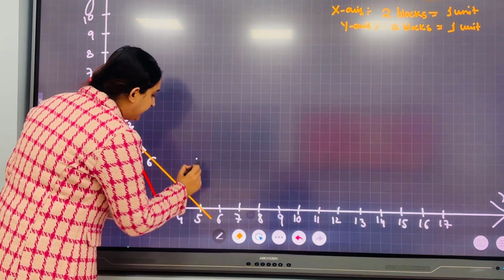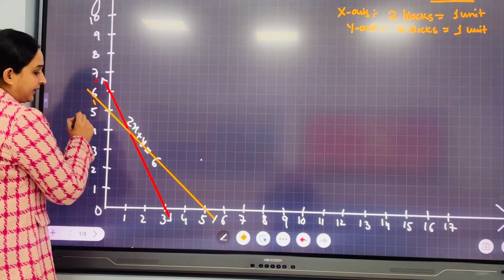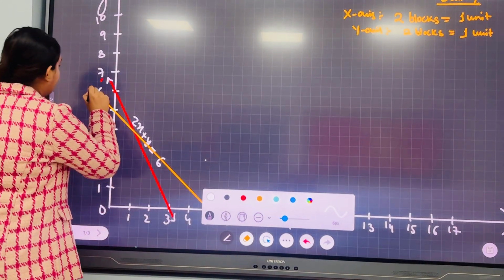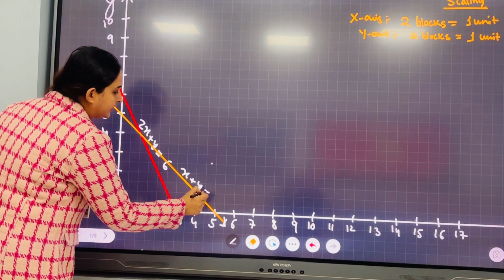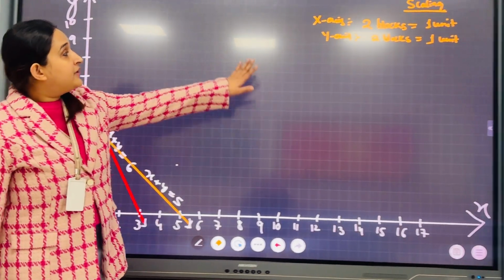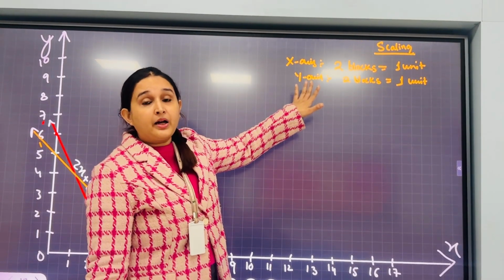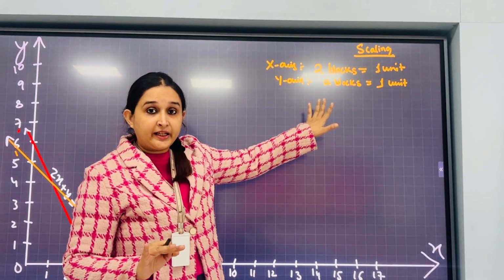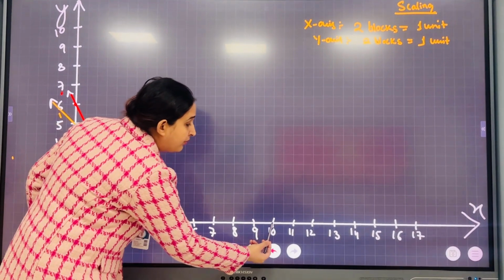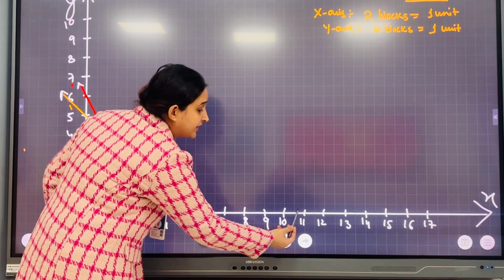First of all, let me label this line also. This labeling is important. So this one is x plus y equals 5. If you have seen over here, this is the scaling part. If the graph comes for 3 marks, 0.5 marks is given for the scaling. Here I have selected 2 blocks as 1 unit.